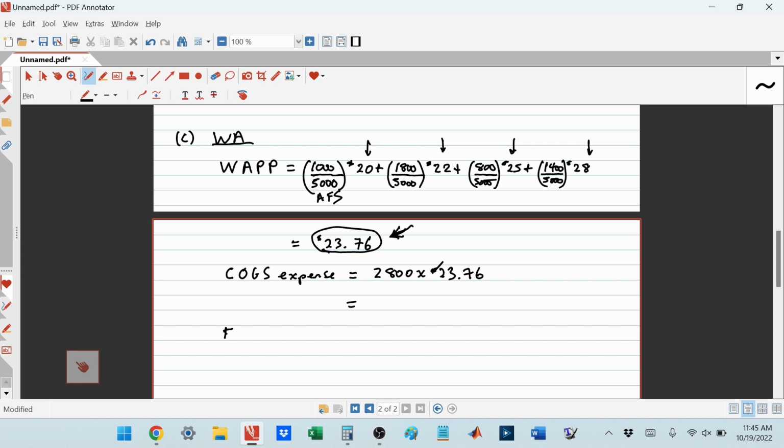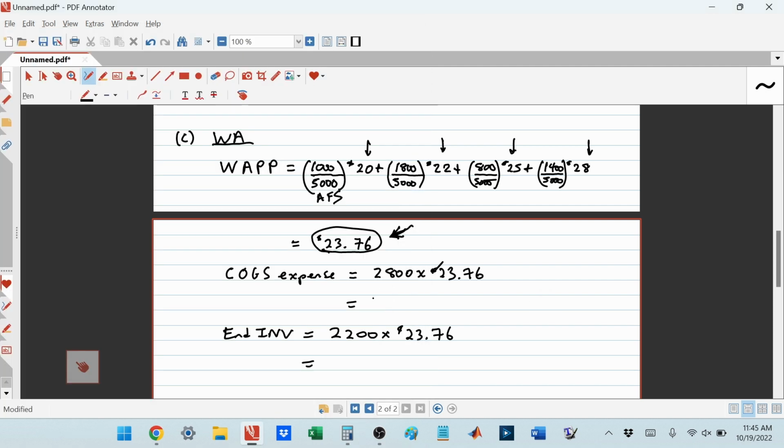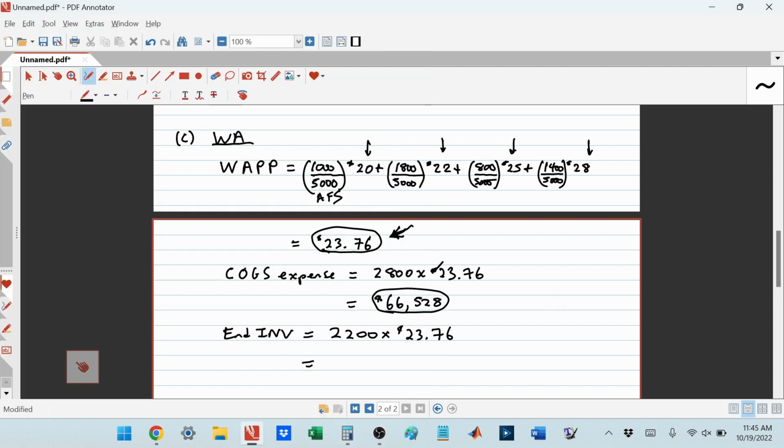And then for ending inventory, we just take the number of units left at the end of the period, in this case, the end of the year, 2,200, multiply it by the assumed purchase price, and that's our ending inventory. 2,800 times 23.76, 66,528. And then 2,200 times 23.76, 52,272.